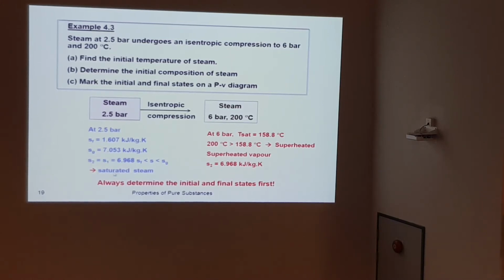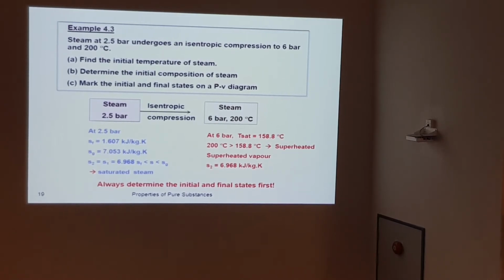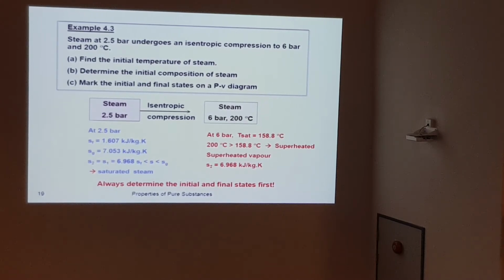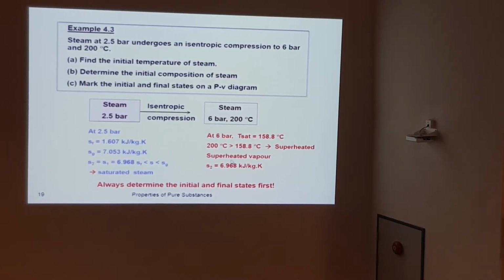It should be, because this value is higher than this, lower than this. Here, for the final state, I purposely use the red color because it's superheated. Superheated, too hot.